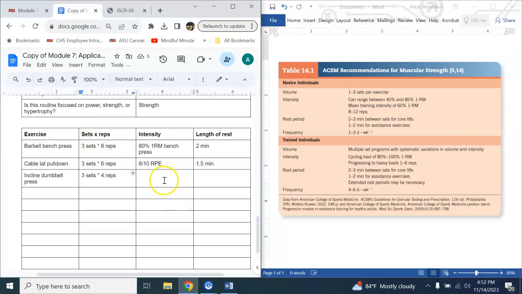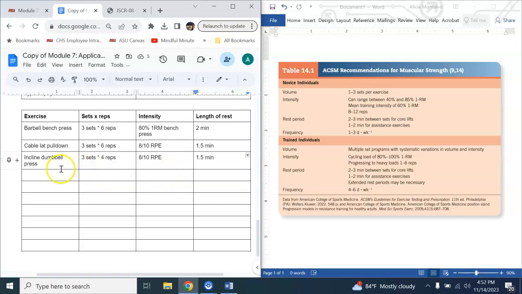Maybe I'm tired from doing this. And then again, I think it would be kind of weird, would you even be able to do this at 80% with dumbbells? I'm not sure. So I'm going to put 8 out of 10 RPE, because that would probably be too heavy at 80% of the one rep max of the bench press. And then I'll give myself 1.5 minutes of rest in between.